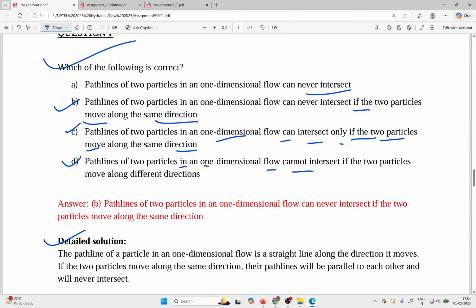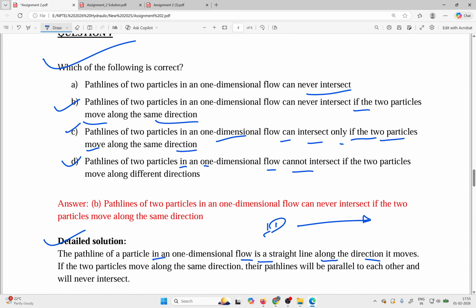The path line of a particle in one dimensional flow is a straight line along the direction it moves. 1D flow means one dimensional. It is moving in only one direction, not the three directions X, Y, Z.